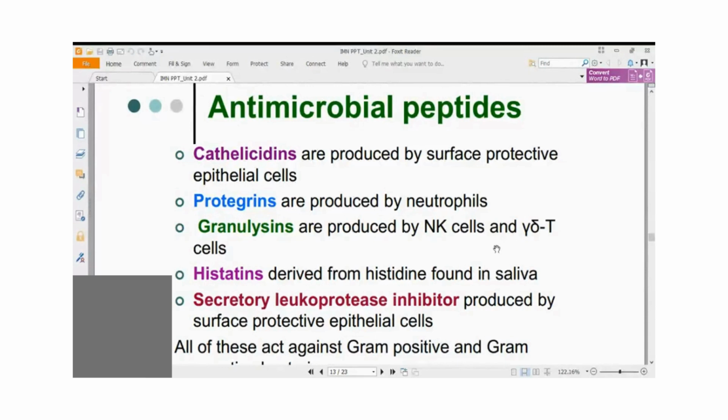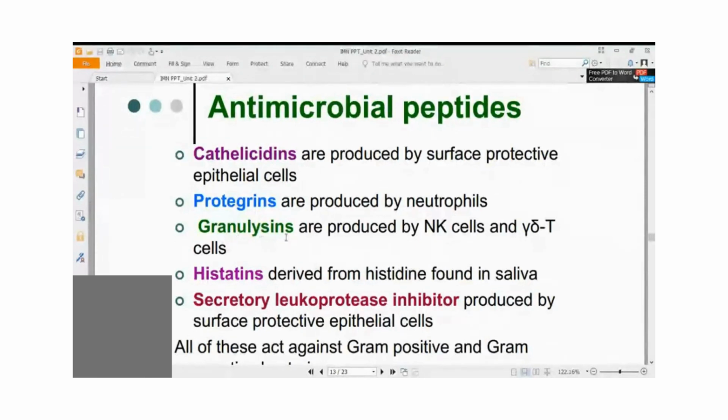For the time being, keep in mind that these cells have granules in their cytoplasm, and these granules are nothing but granzymes, granular enzymes of lytic activity. They are called granulysins: lysins for lytic activity.